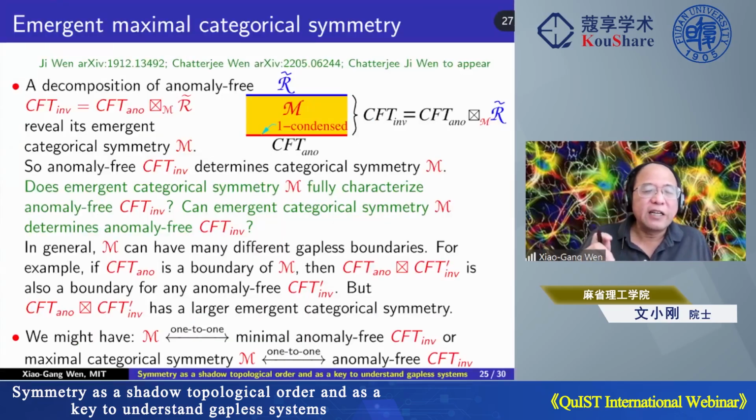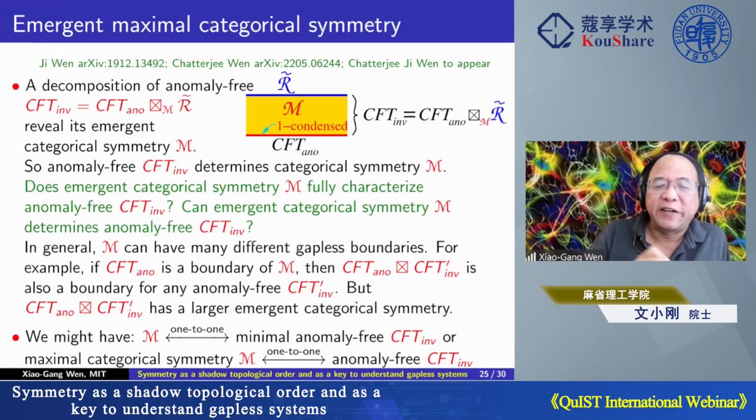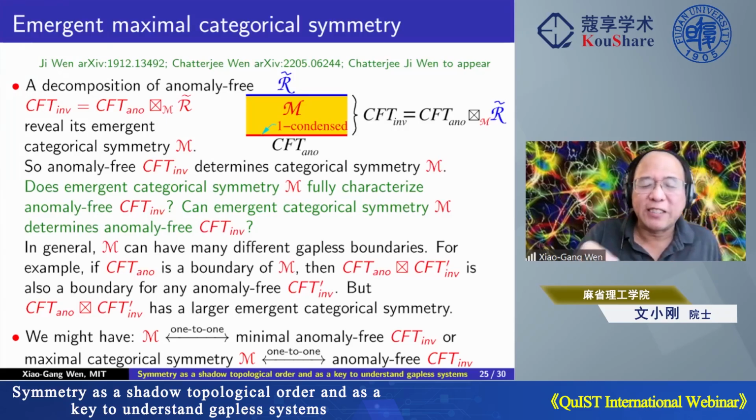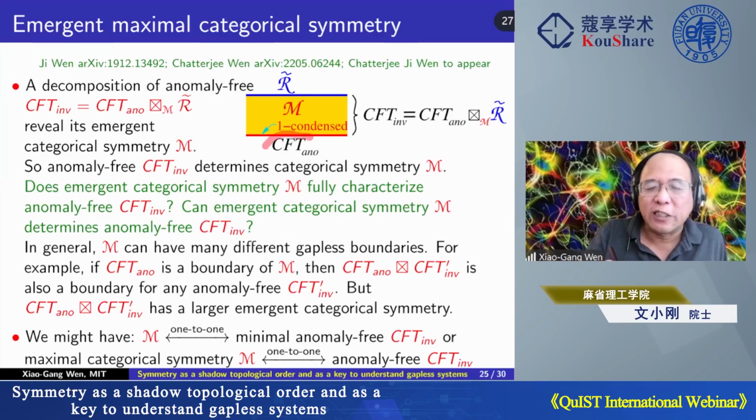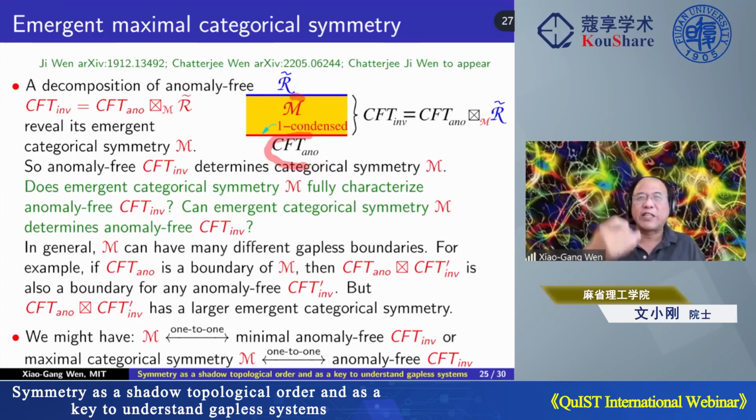So there's a question here. In the last example we saw that we can compute this anomalous CFT from the bulk topological order by constructing this modular covariant partition function.